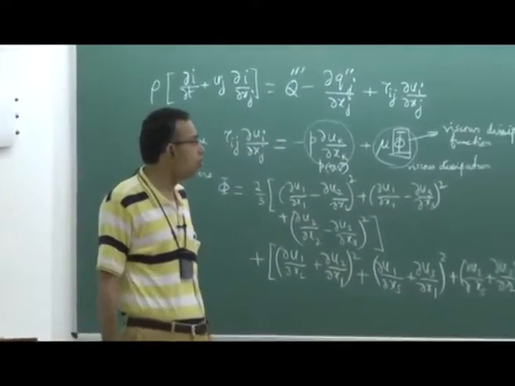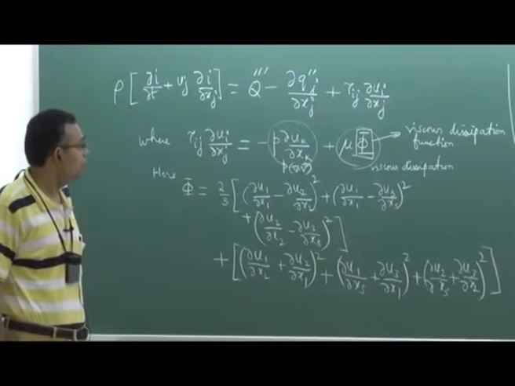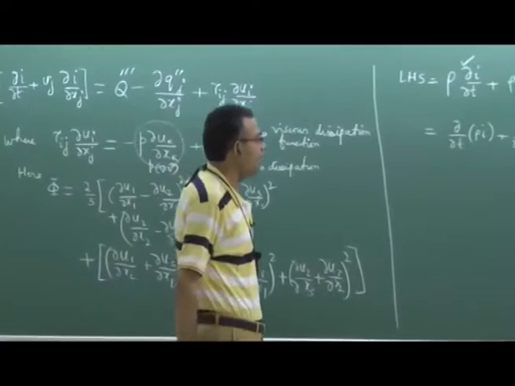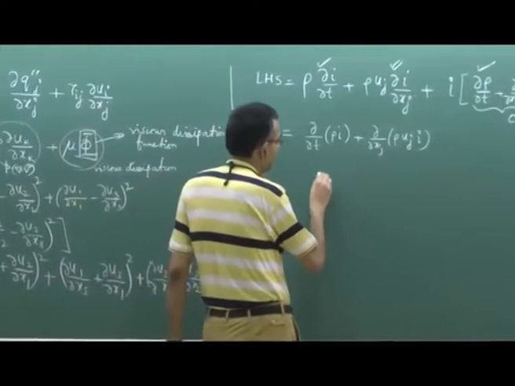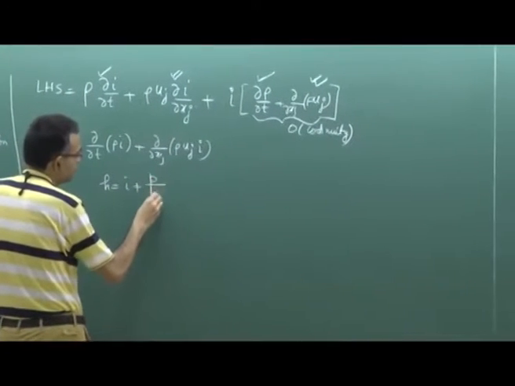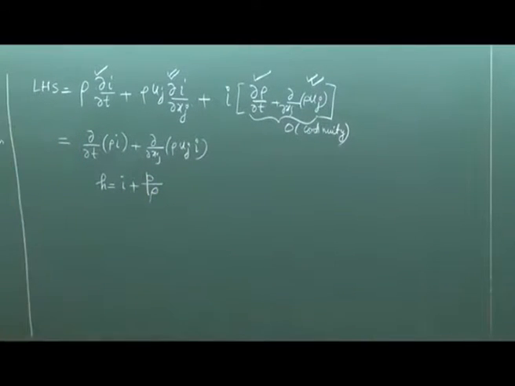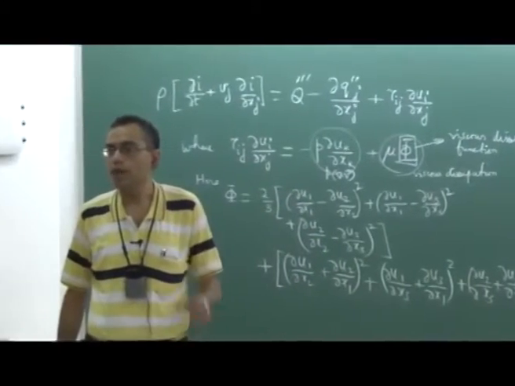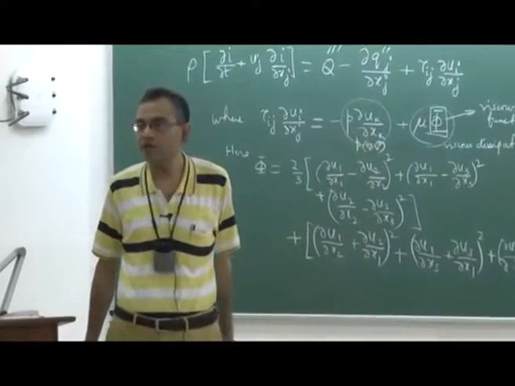Then we will write the internal energy in terms of enthalpy. So H is equal to I plus P by rho, that is the definition of enthalpy. H equal to U plus PV, that is written in different symbols.